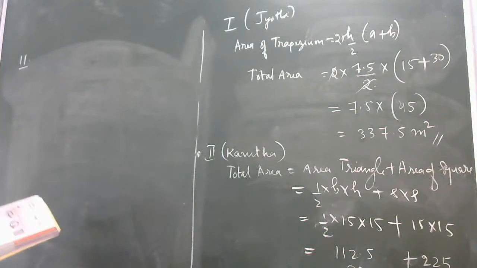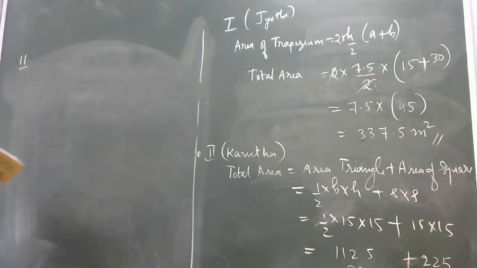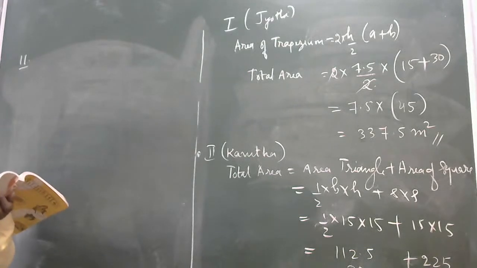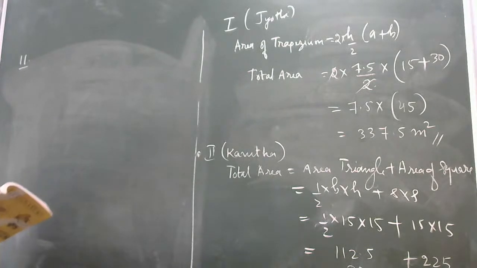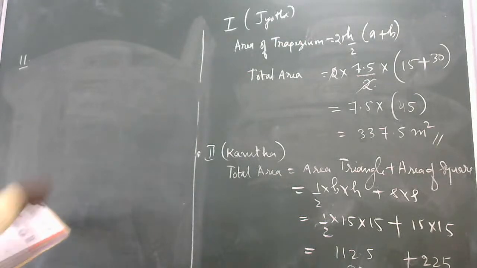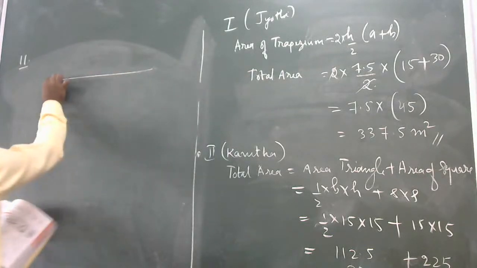So the question: observe the figure. A frame has outer dimension 24 by 28 centimeter and inner dimension 16 by 20 centimeter. Find the area of each section of the frame if the width of each section is the same. I will be drawing the figure. So this is a frame.